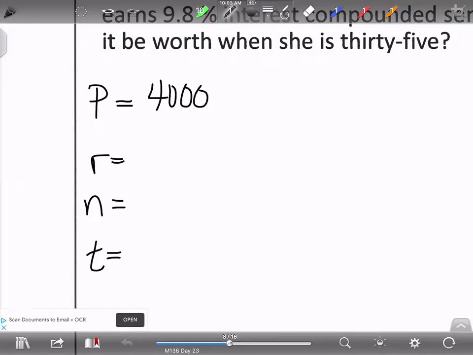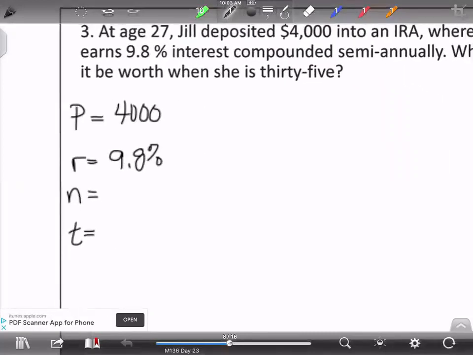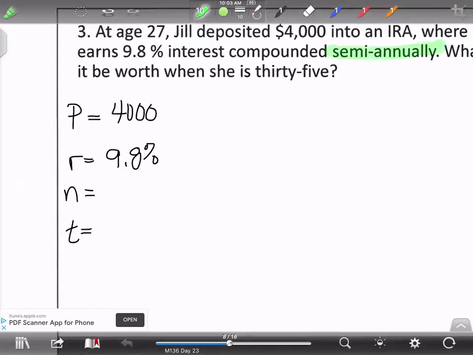R is the rate, the interest rate that Jill is earning, 9.8%. N is the number of times that she's going to be earning interest. Here, my keyword is semi-annually. Semi-annually means 2 times per year. And she's keeping that in there from age 27 to age 35, which is 8 years.